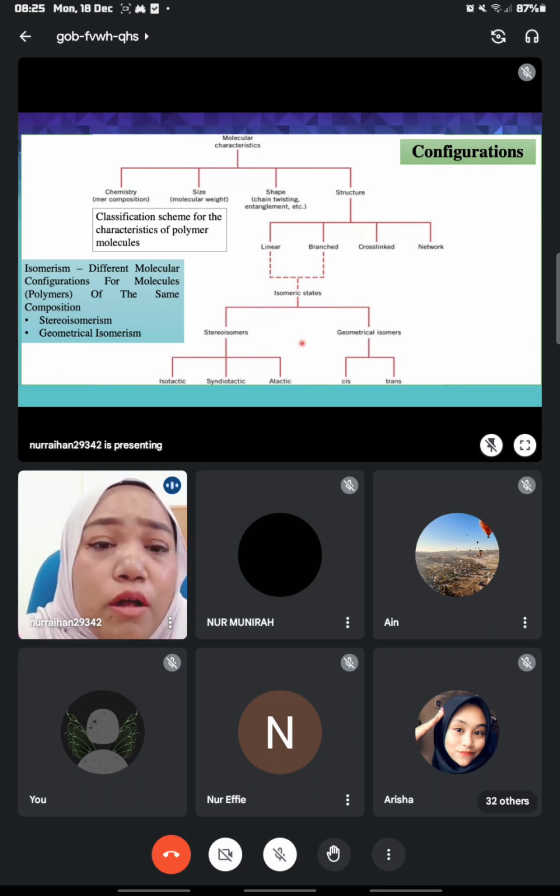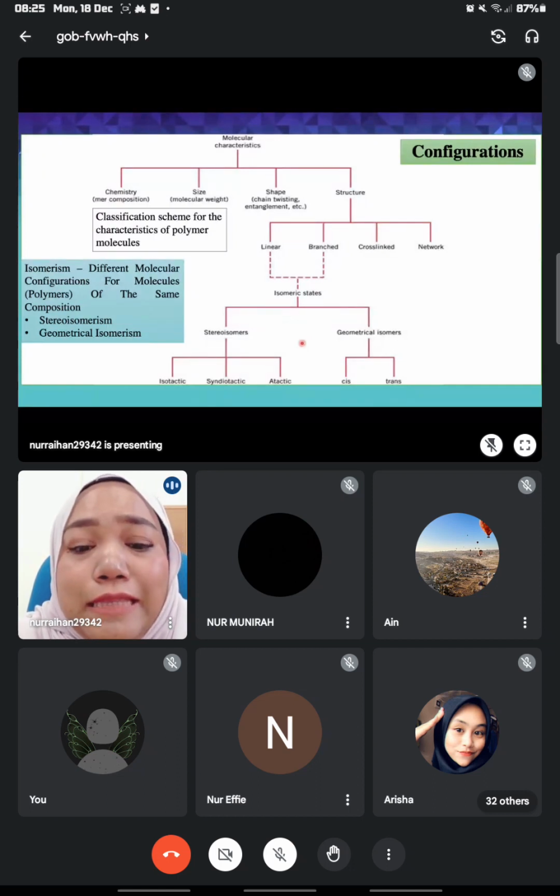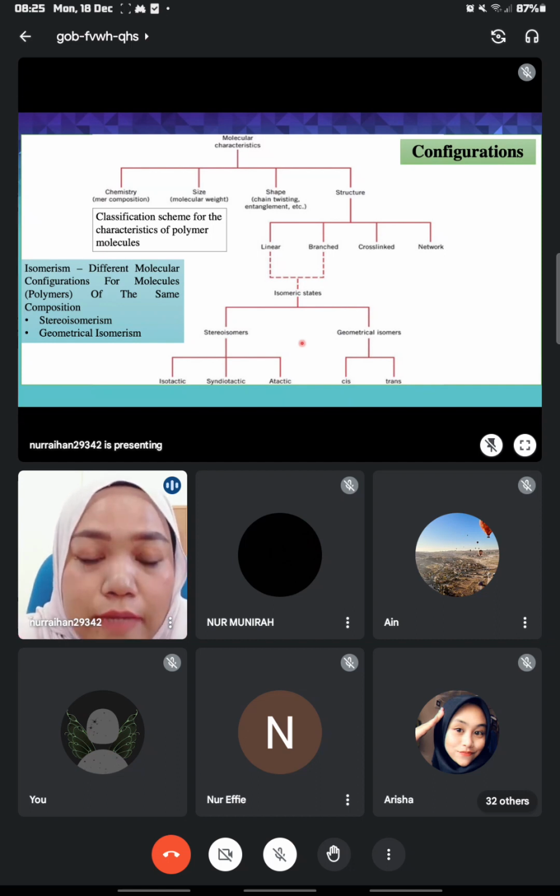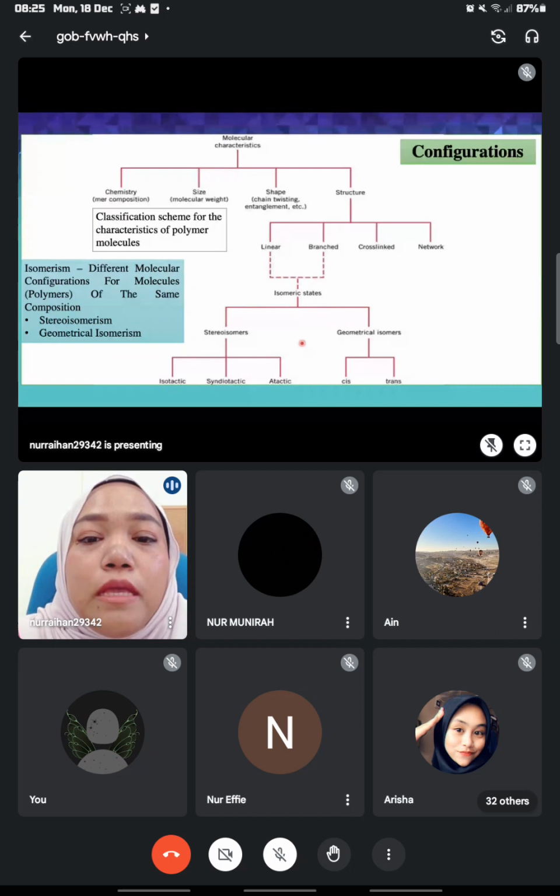But not all polymers can have tacticity, having the isotactic, syndiotactic, or atactic. These three elements of the stereoisomer can only be found in certain polymers that have one functional group, so you can observe the arrangement of this functional group.